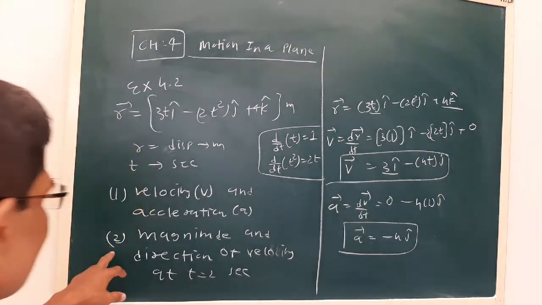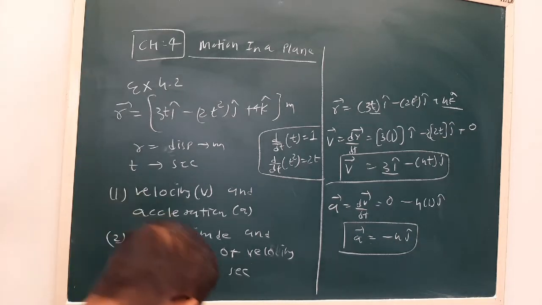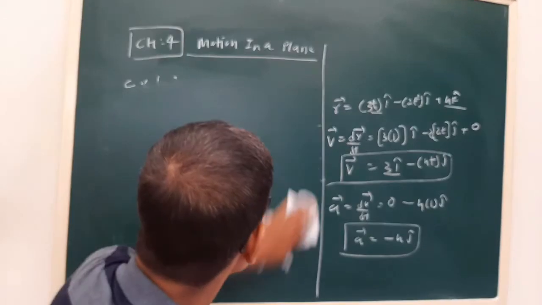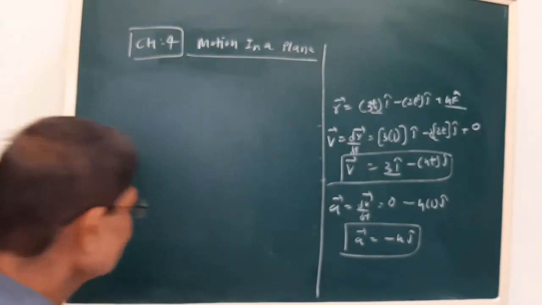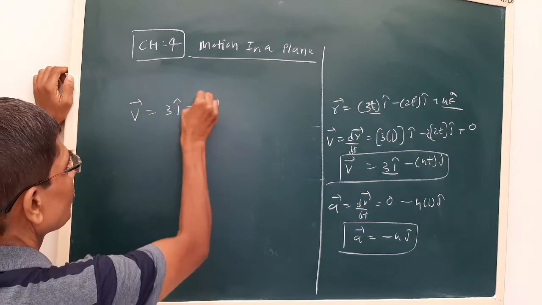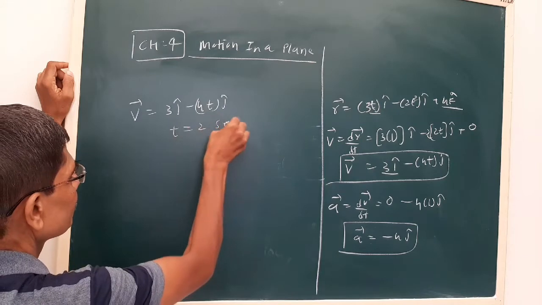Now see the second part of the question, magnitude and direction of the velocity at 2 seconds. See what we have obtained. Now t is equal to 2 seconds.